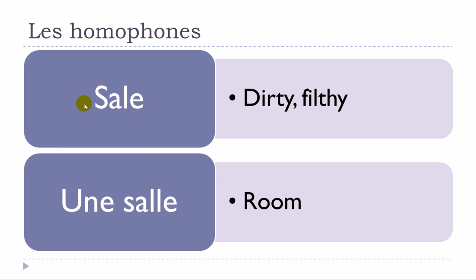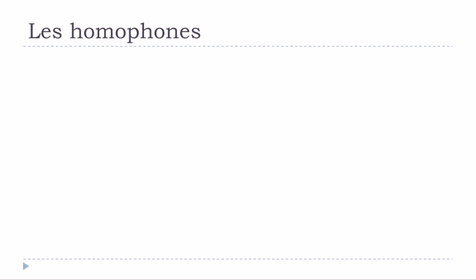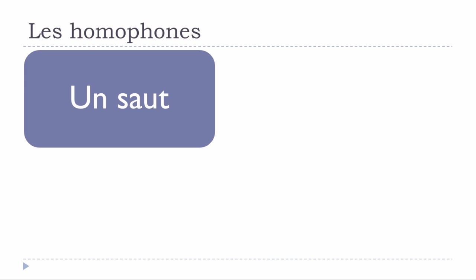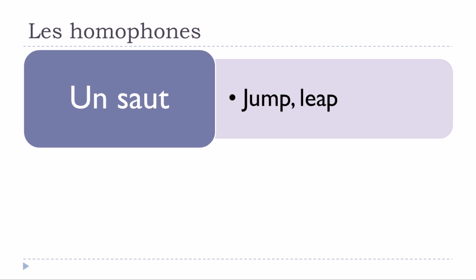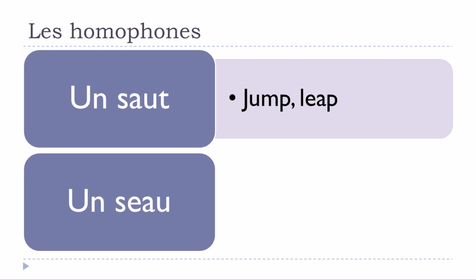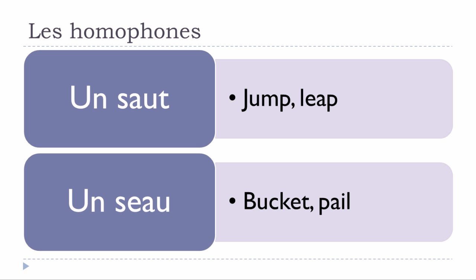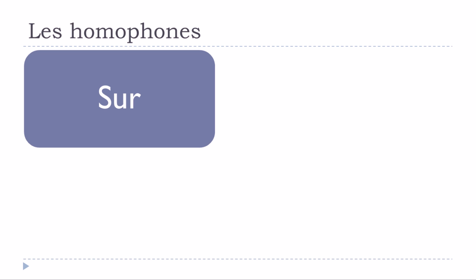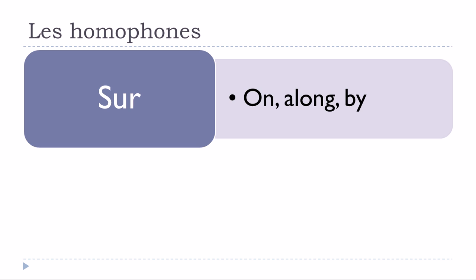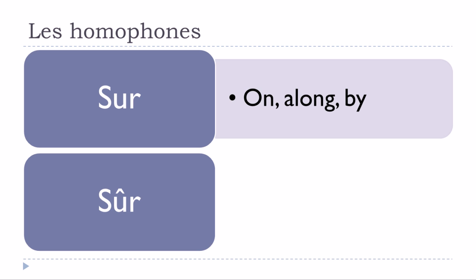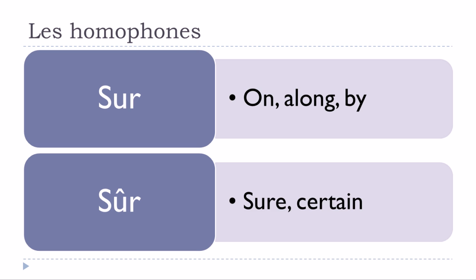So in that case, it's an adjective. Un seau. Un seau. Okay, so un seau, and then the same way, un sot. Sûr. Sûr. Okay, even if you get this accent circonflexe, you don't pronounce it, so you get the same pronunciation, sûr and sur.